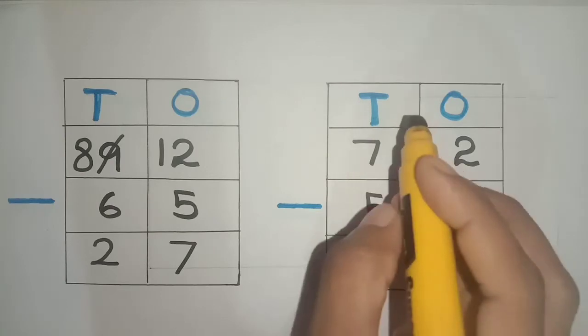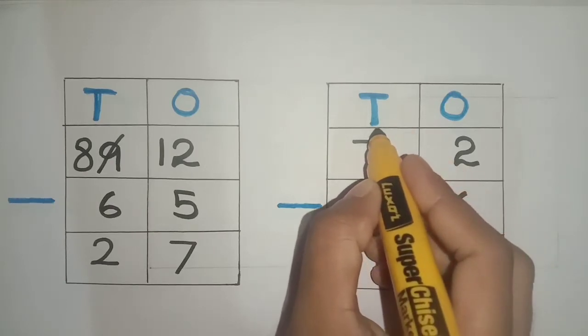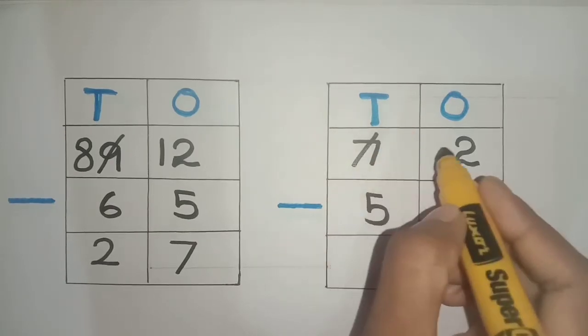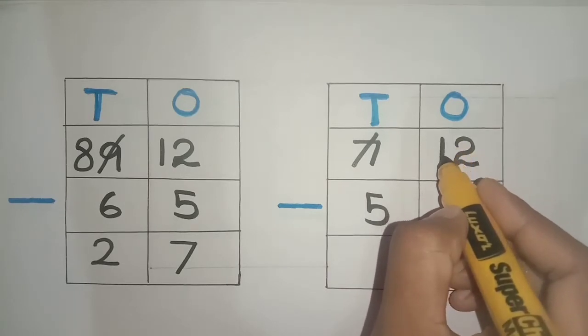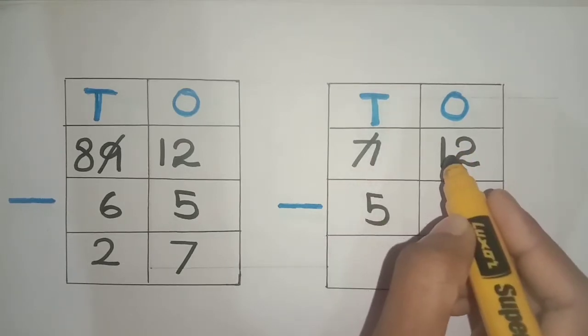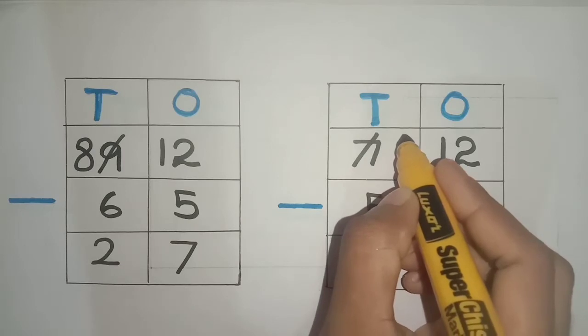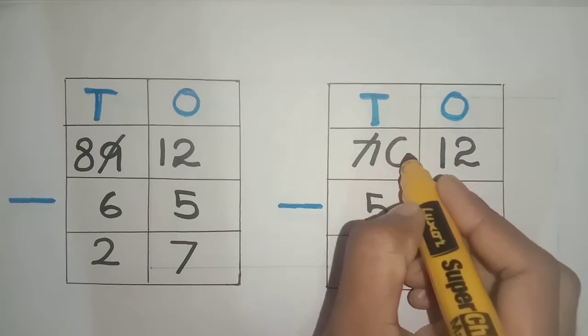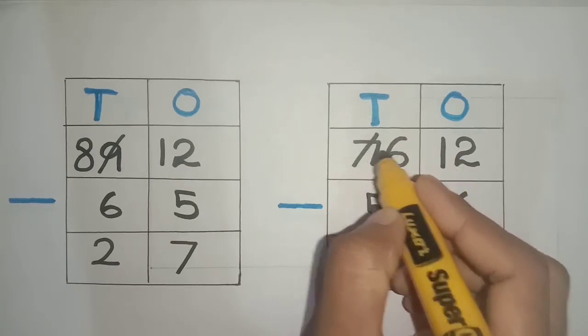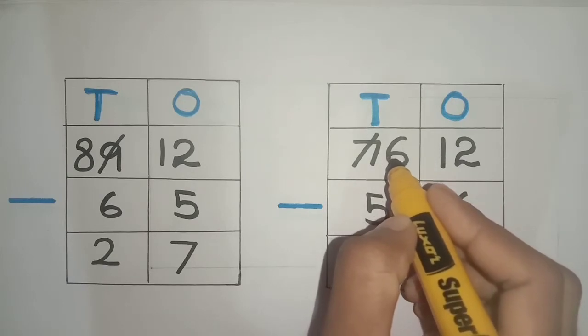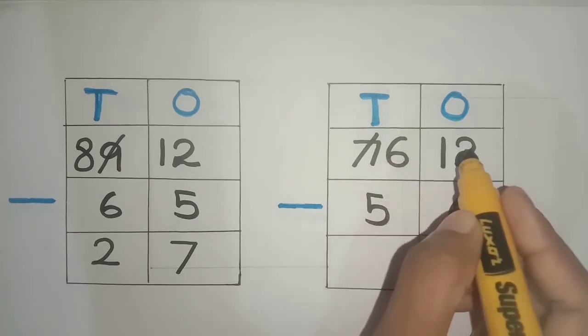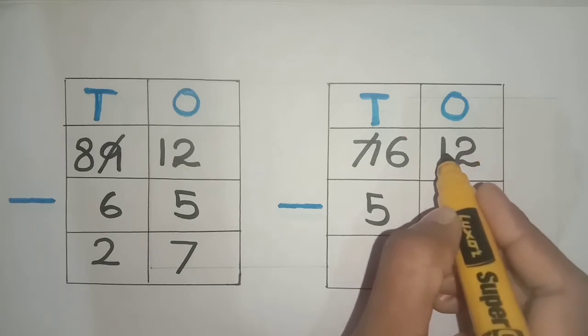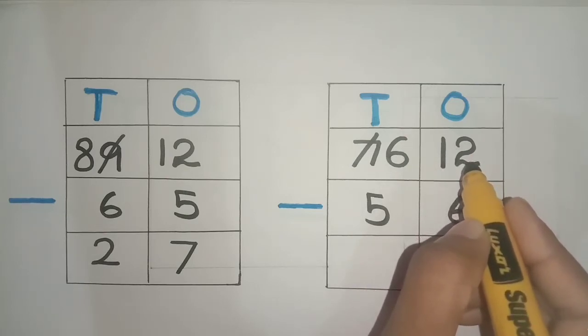So 7 tens are here. We have to take 1 ten and write that ten here. And the remaining number is 6, because we already took one. So the balance is 6 tens only. That one ten is here, so the number becomes 12 now.